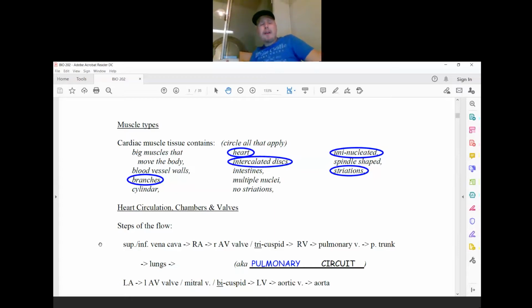If you think of the cardiac muscle cell, some of the characteristics that we saw were that the cardiac muscle cell had multiple branches, and these branches were connected with something known as intercalated discs. These intercalated discs allow substances from one heart cell to pass to another heart cell easily.